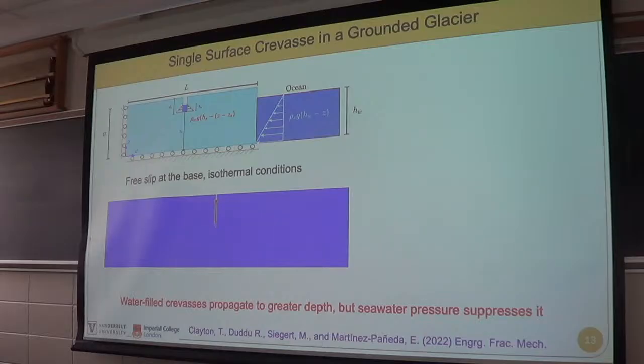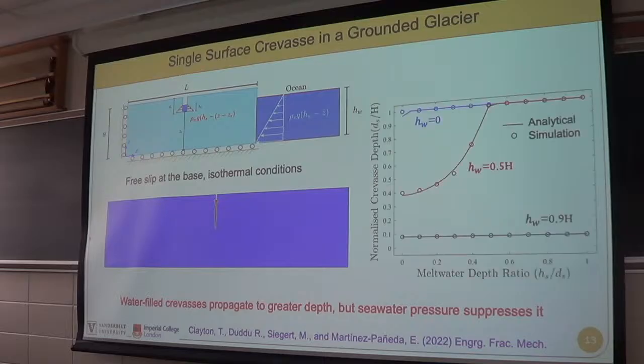So this is an idealized problem setup that Jeremy Bassis and I came up with in our first paper, published in GRL, Geophysical Research Letters, in 2012. In that case, the fracture is going to propagate vertically, and you're going to get some depth depending on how high the ocean water is, and how much water there is in the crevasse, right?